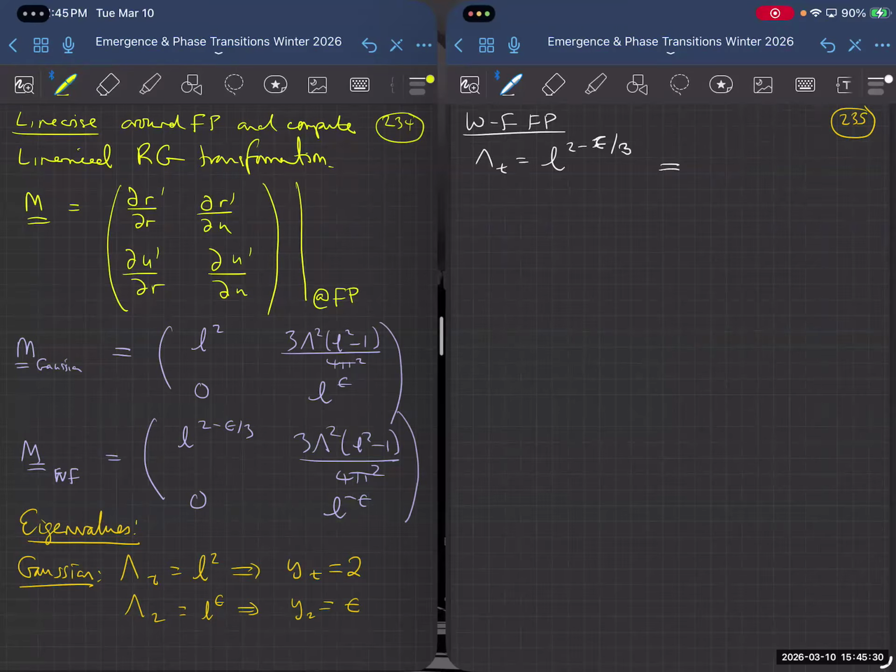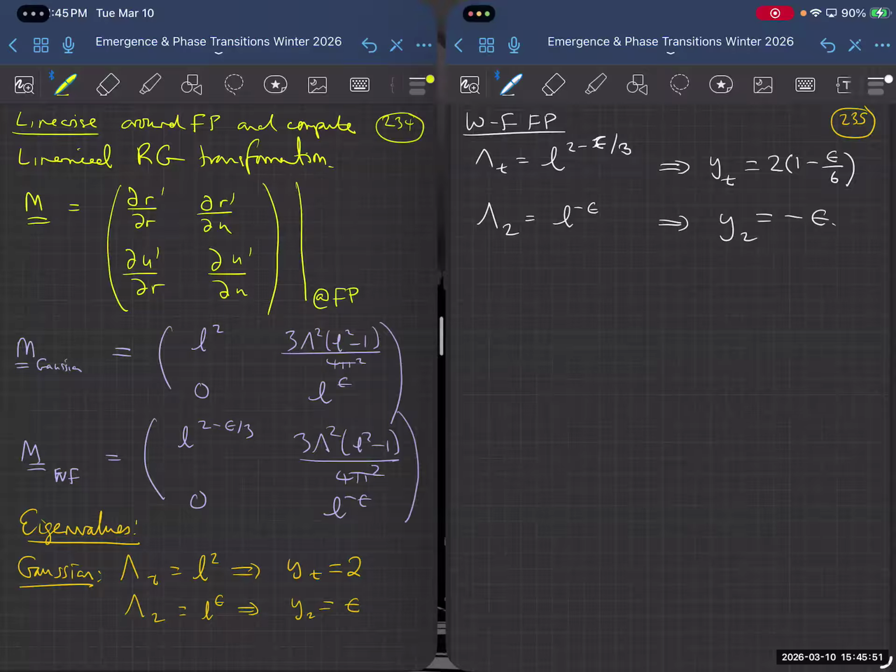And that means that yt is equal to 2 times 1 minus epsilon over 6. And I have a second eigenvalue, L to the minus epsilon, which implies that y2 is equal to minus epsilon. Okay, so those are the eigenvalues. Not quite the exponents. I need to finish, so I'll take your question later.